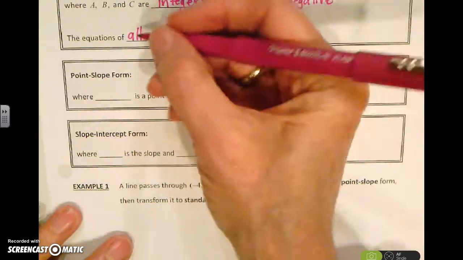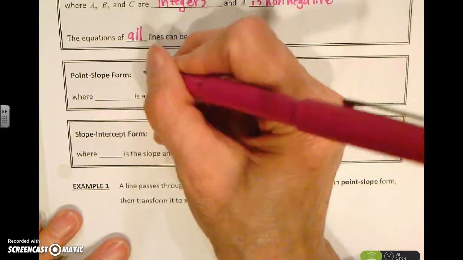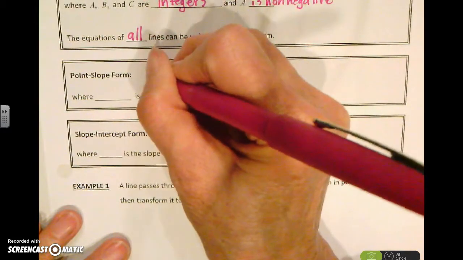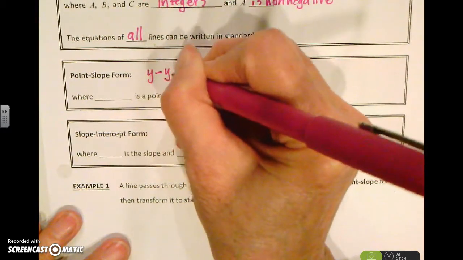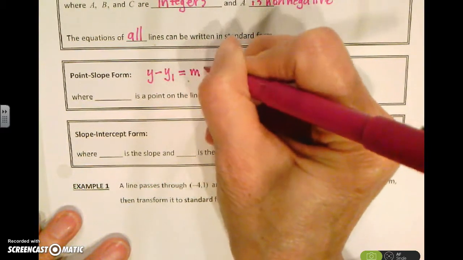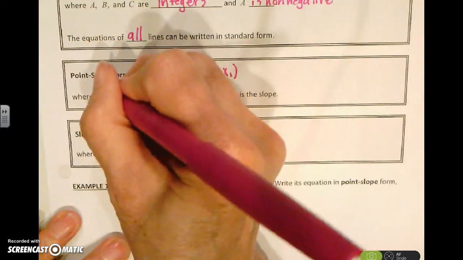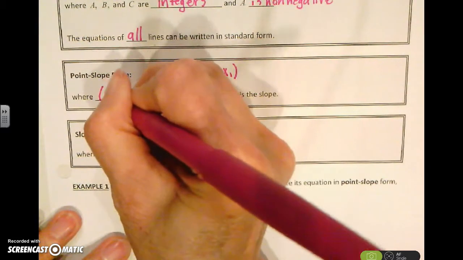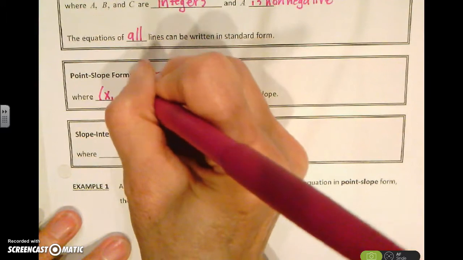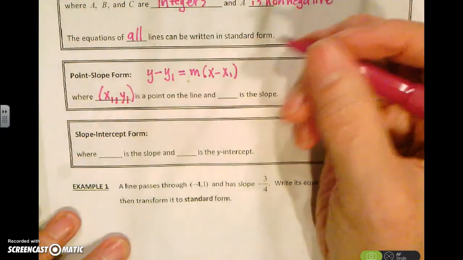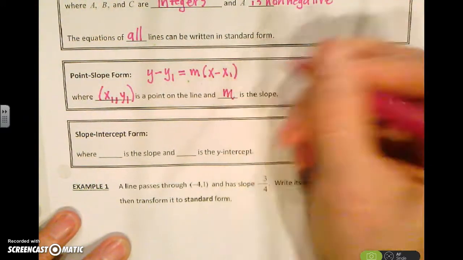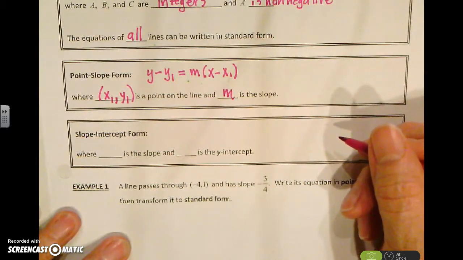So just to repeat, point slope form, which we studied last unit, is going to be y minus y1 is equal to m, open parentheses, x minus x sub 1, where the ordered pair x sub 1, y sub 1 is a point on the line, and m is the slope.